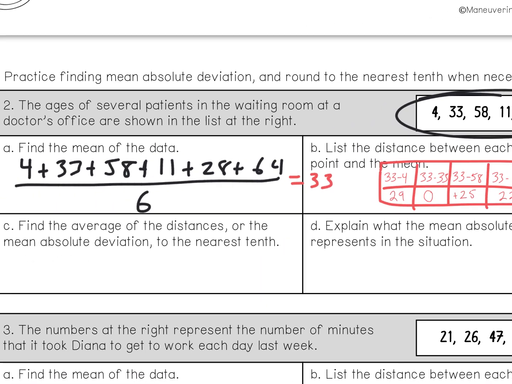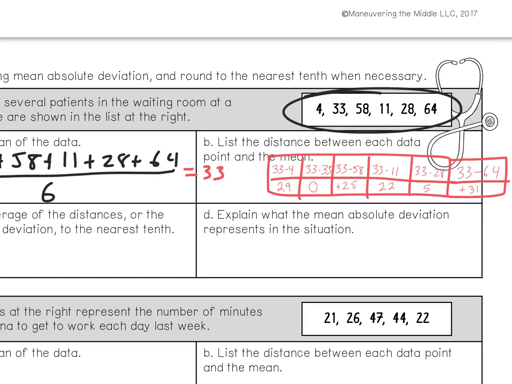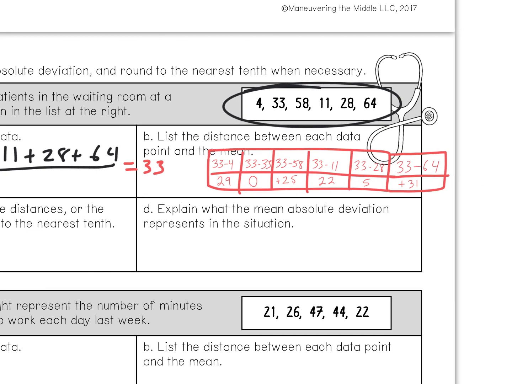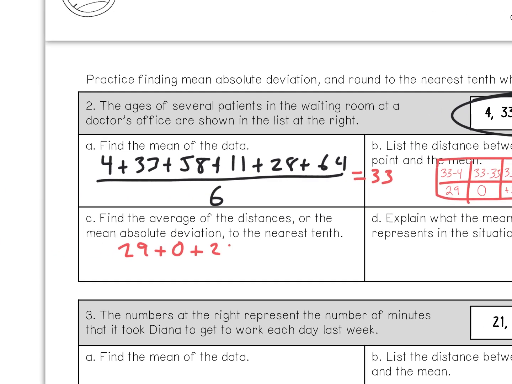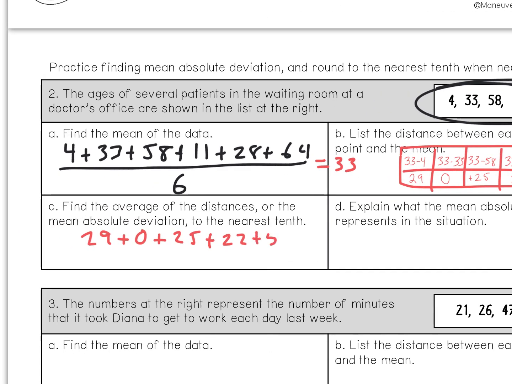Okay, now, what do I do in letter C? Add them all up. I add those new numbers up and divide by 6 again. So, 29 plus 0 plus 25 plus 22 plus 5 plus 31. 112.